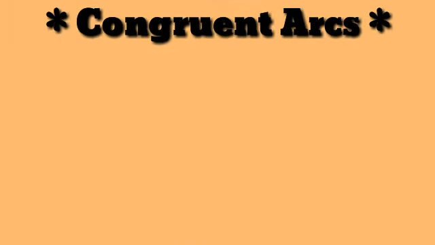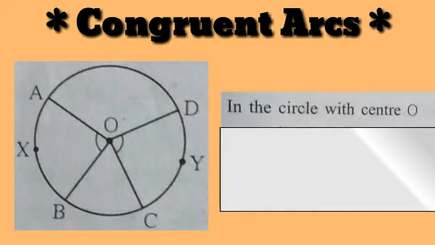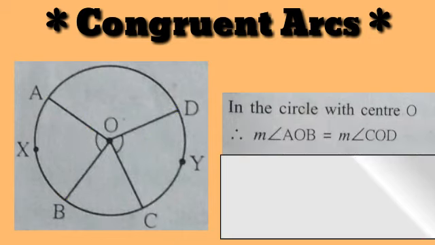Now students, let's move towards another most important concept, that is congruent arcs. Here we have one diagram. Here is a circle with the center O, and in that we can see two different angles, angle AOB and angle COD. Both have the same measurement, so we can write measurement of angle AOB is equal to measurement of angle COD.